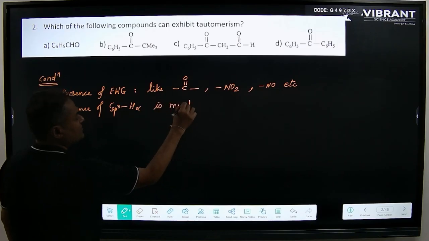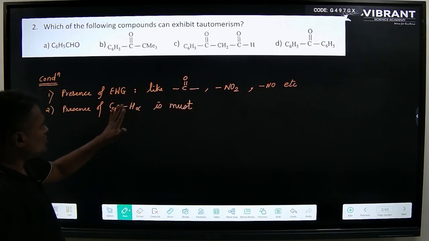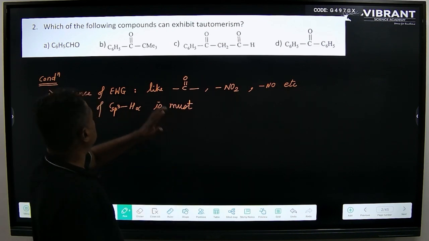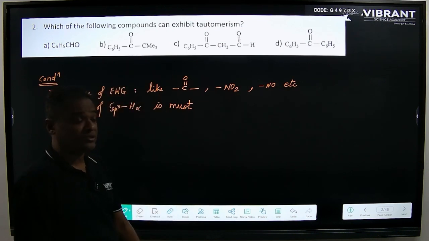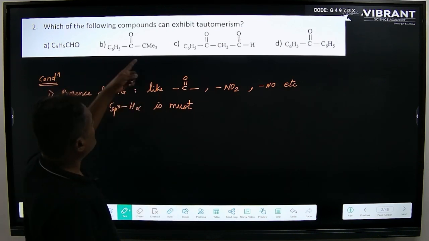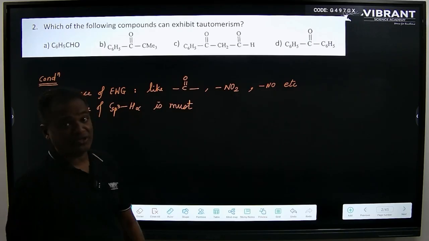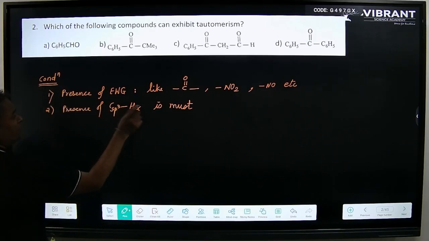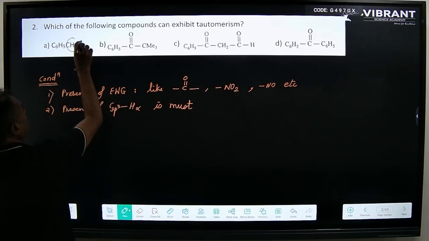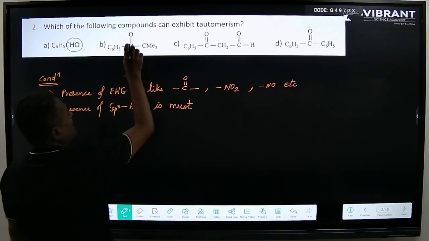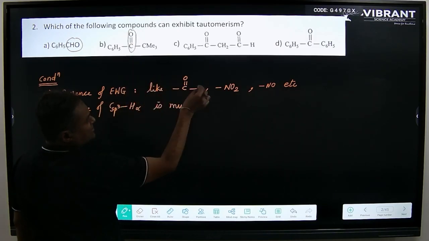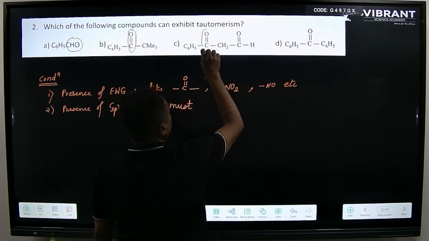Now, please wait. After looking at these two conditions, child, let us visualize the question once again. The question is: out of these, which compound can exhibit tautomerism? In the first example, you can see there is an aldehyde, so the first condition is followed. In the second example, you have a ketone, yes, the first condition is followed. Next example, again a ketone.